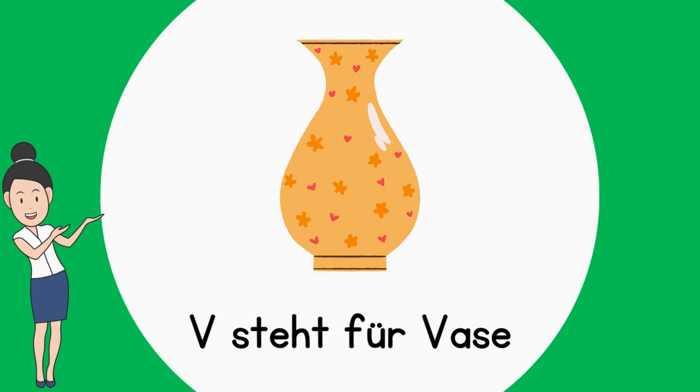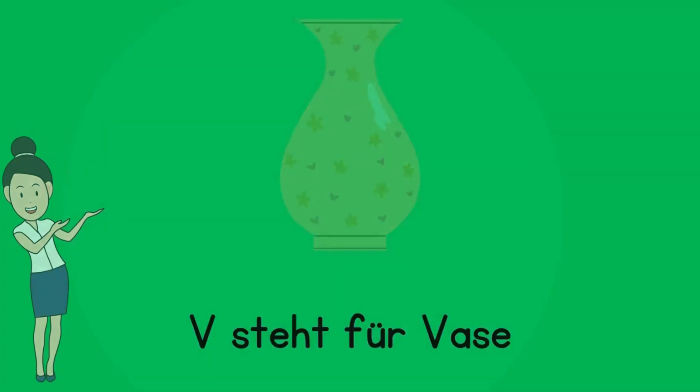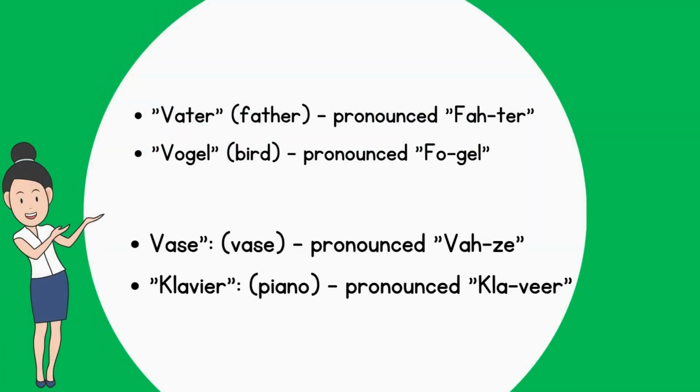So it's like that only in German, that some of the words are pronounced with the sound F. Like for example, if I say Vater, then the Vater is spelled like V-A-T-E-R. I say it like Vater. But on the other hand, if I see the word Vase, it also starts with a V, but I pronounce it like Vase.